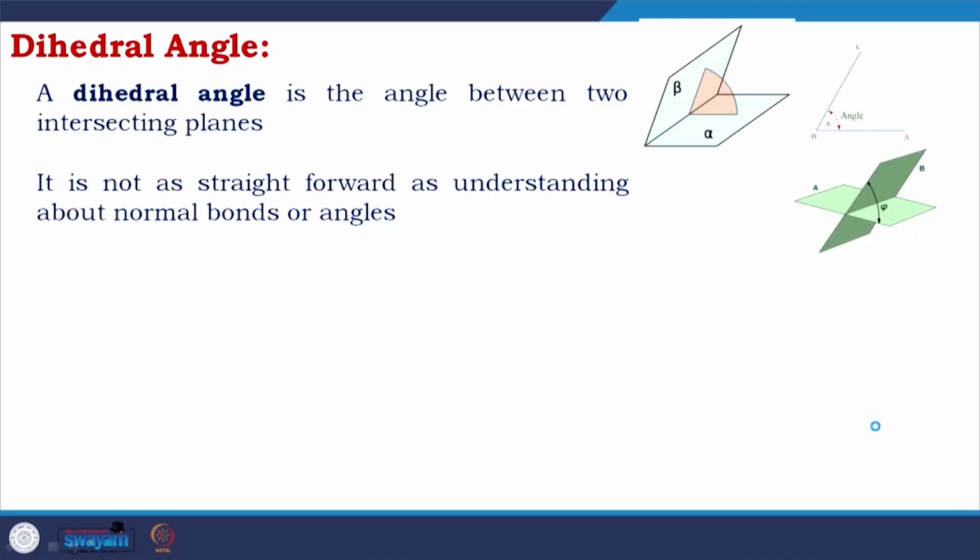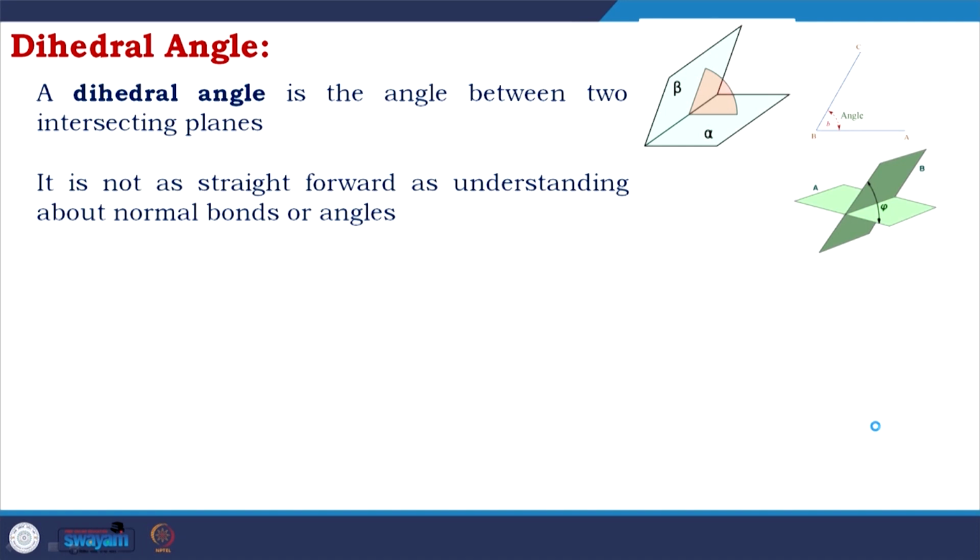The angle between them is made by the perpendicular coming from this line and the perpendicular coming from that line, where they are intersecting. That angle is called the dihedral angle. If you see here, you will get the idea a little bit more clearly.